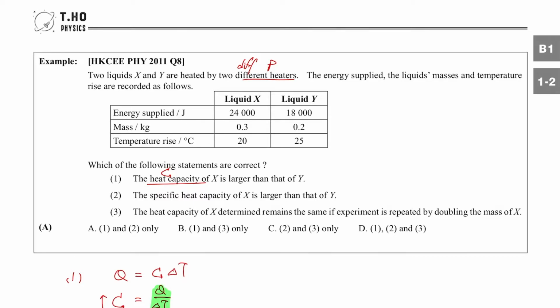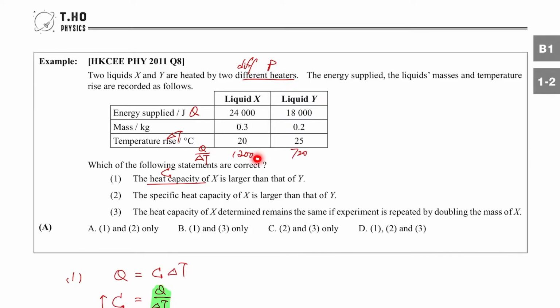For Q over delta T for liquid X, it is 24,000 divided by 20, so we got 1200 here. And for liquid Y, the same calculation gives us 720.